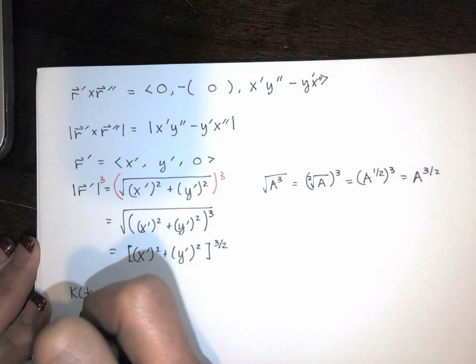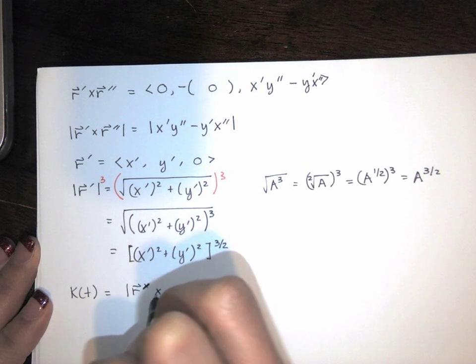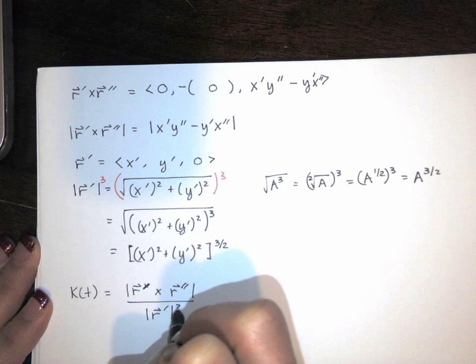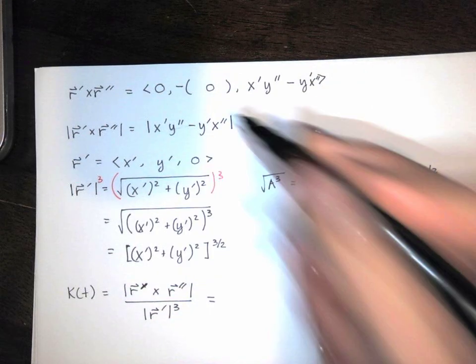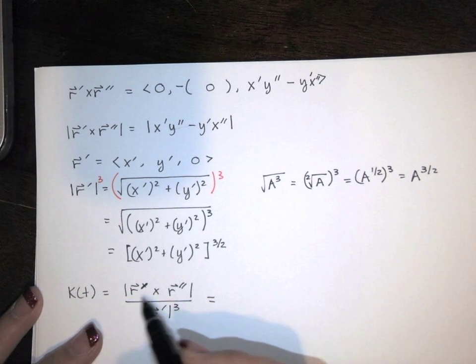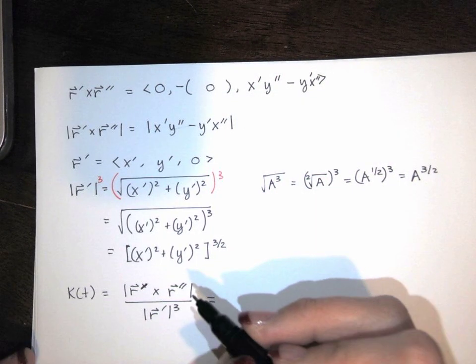So we had earlier, curvature was the magnitude of r prime crossed with r double prime divided by the magnitude of r prime cubed. Now, according to this, if our curve is in the xy plane, we can think of that curve as being in the xy plane in three-dimensional space with just nothing happening in the z direction.